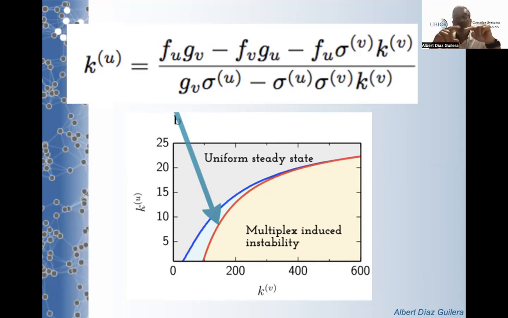This gives rise to something very similar to pattern formation. These patterns appear in the layers because of the multiplex construction. It is because, as I was saying, we have different types of behavior, different reactions, and different diffusions in the two layers, and this is the reason for this to appear.